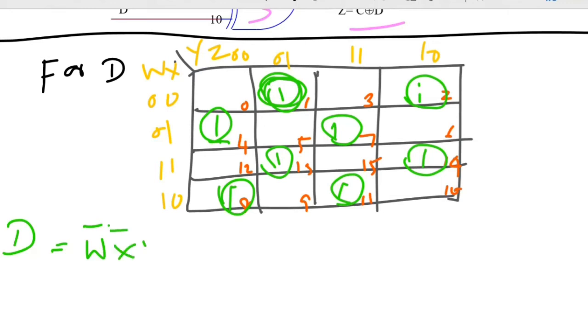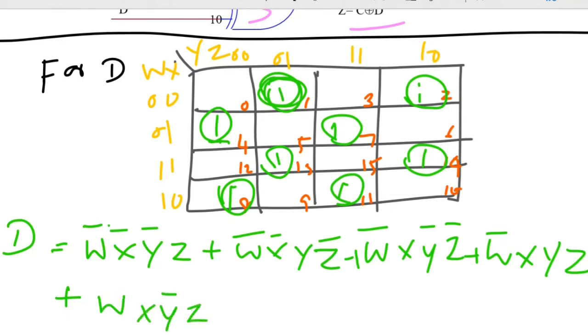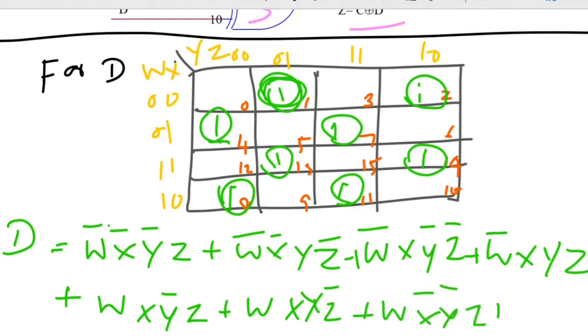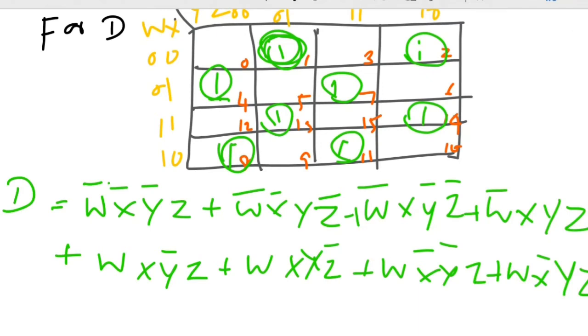W bar X bar Y bar Z plus W bar X bar Y Z bar plus W bar X Y bar Z bar plus W bar X Y Z plus W X Y bar Z plus W X Y Z bar plus W X bar Y bar Z plus W X bar Y Z. Now from this first group I am going to take W bar as a common in the first 4 terms.